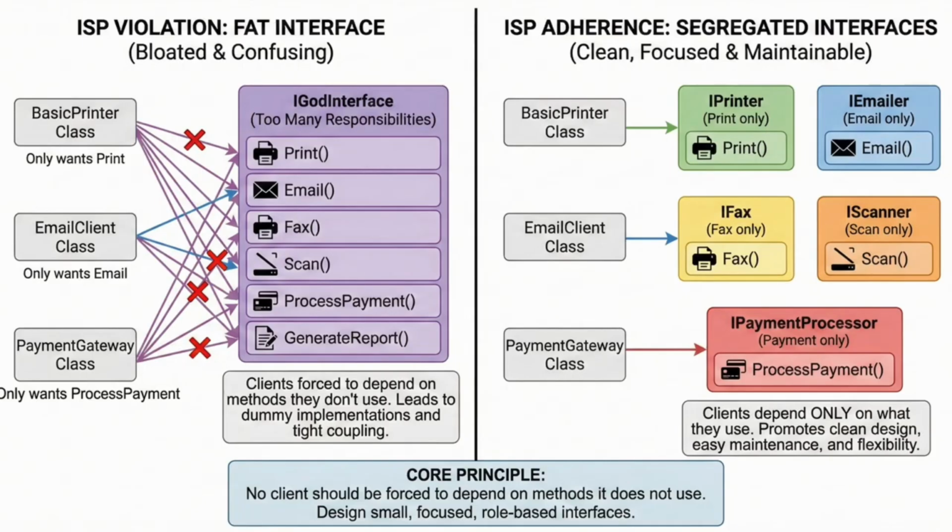To achieve this, we follow ideas like focused responsibilities, clear contracts, meaningful, purpose-driven interfaces, avoiding extra burden on clients. In many systems, we use ISP together with abstraction, composition, dependency inversion, and clean architecture, ensuring the system remains stable, predictable, and easy to maintain.